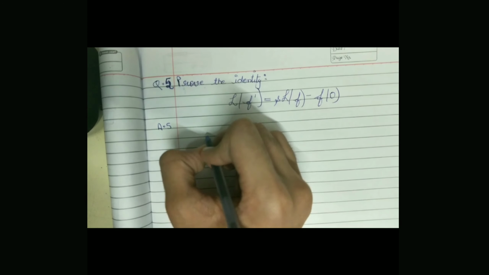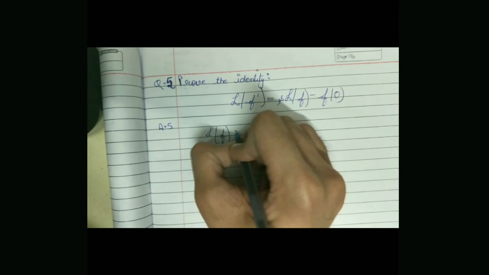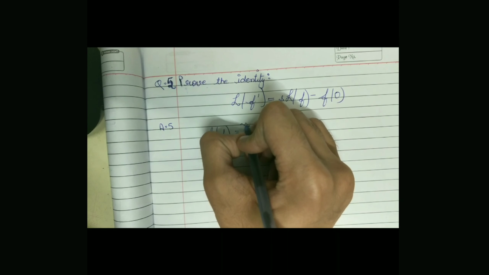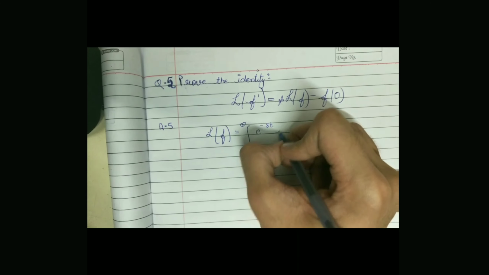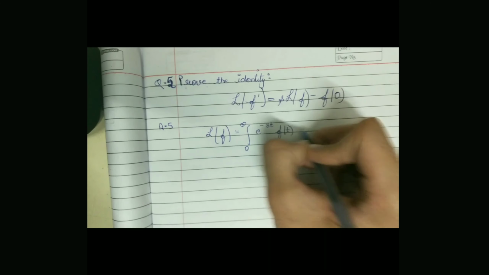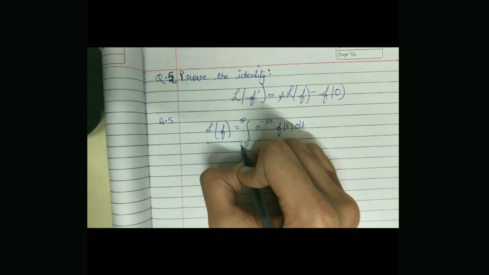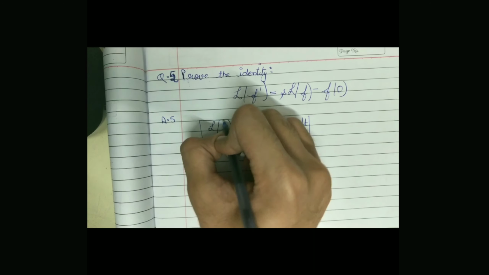Basically, the Laplacian of any function f is the integral with limits 0 to infinity of e raised to power minus st into f(t) dt. This is the basic definition of the Laplacian that we have here.